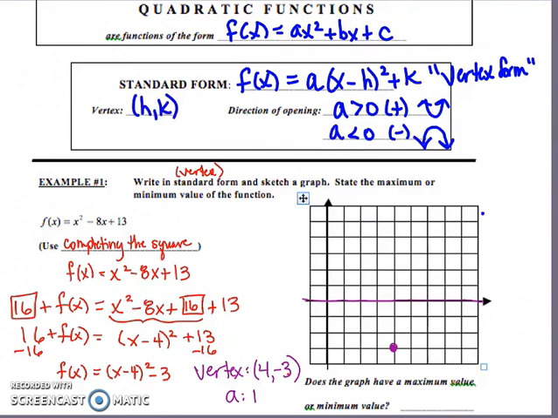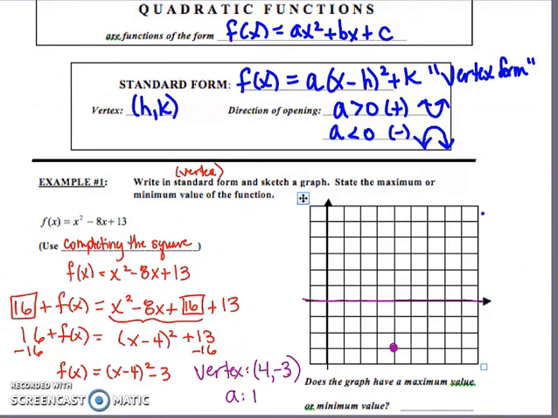Now, the fact that I am paying attention to a being 1 tells me that this graph is going to be the same width as the parent graph, y equals x squared. So I can just envision what the graph of y equals x squared looks like. If I plug in 1 and I square it, I get 1. So I'm going to go, pretending that this vertex that I just plotted is kind of like my new 0, 0.